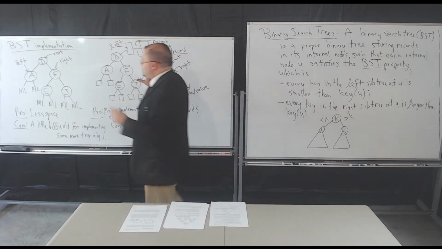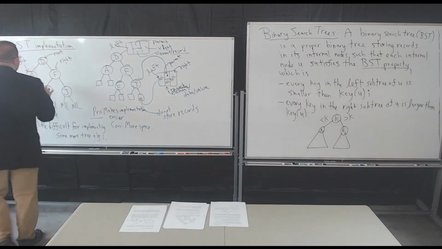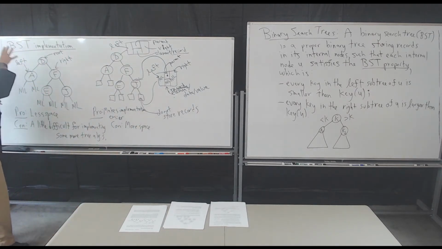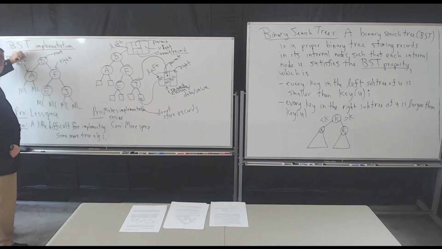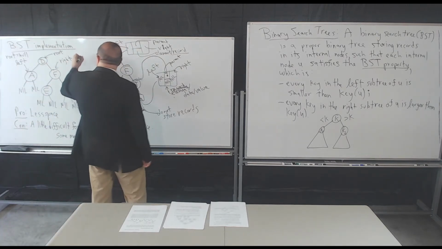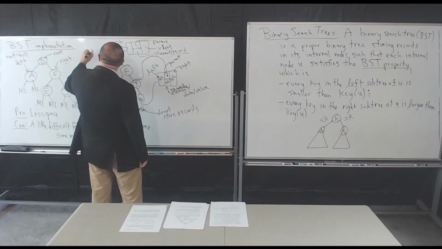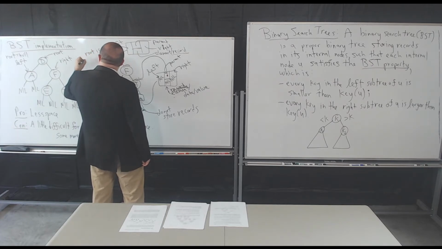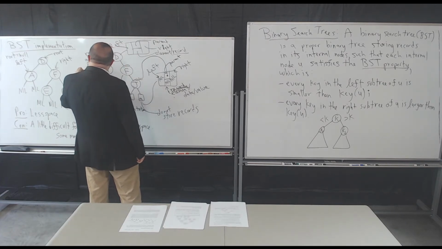Let me give you one more thing that's a contrast. When you create an empty tree in the other implementation, your reference to the root would probably be assigned null on initialization. In this one, the root would be initialized as an empty leaf node when empty.